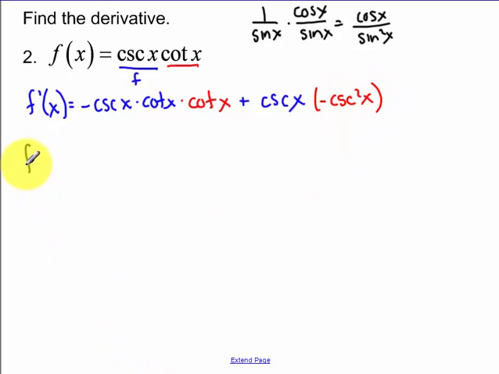So now it's just a matter of simplifying. I have negative cosecant x cotangent squared x minus cosecant cubed x. And again, you could factor out cosecant if you wanted. That's not super necessary.